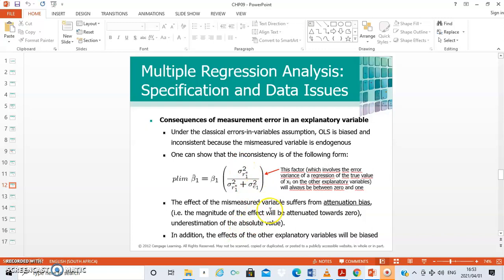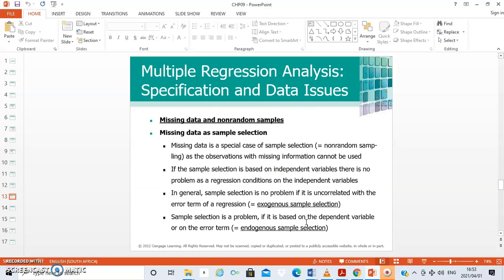Lastly, the effect of the explanatory variable will be biased. The effect portrayed by the explanatory variable will not be true, because the estimated beta 1 is biased.